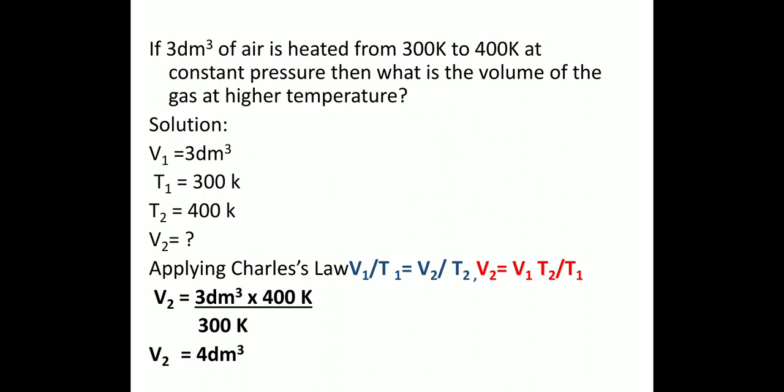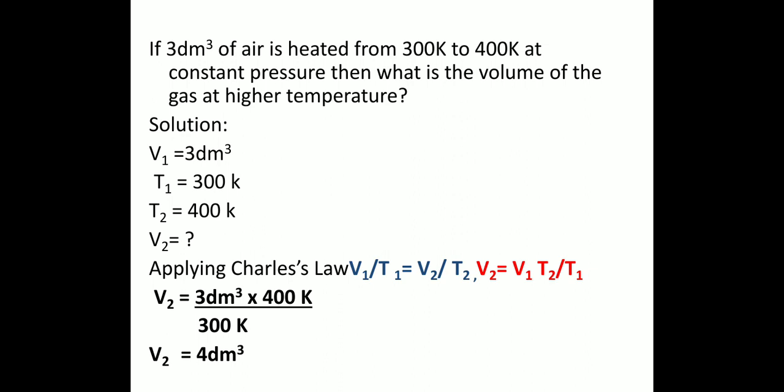For example, if 3 decimeter cube of air is heated from 300 Kelvin to 400 Kelvin, then 300 Kelvin is the initial temperature, 400 Kelvin is the final temperature, and 3 decimeter cube is the initial volume of air at constant pressure. What will be the volume of the gas at the higher temperature? So we have to find out the final volume, that is V2.